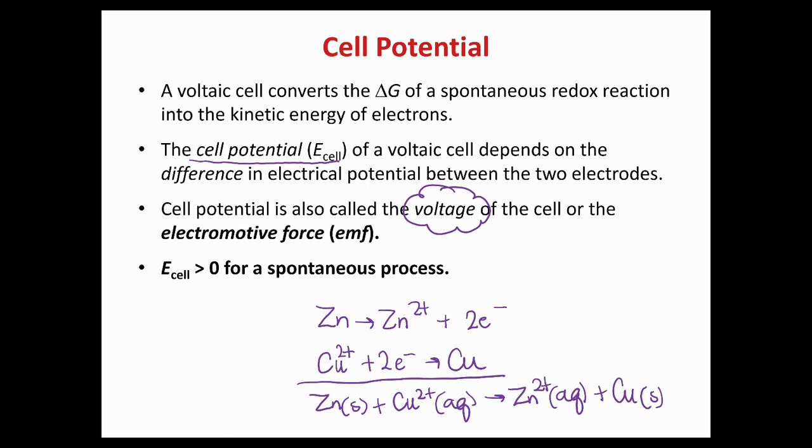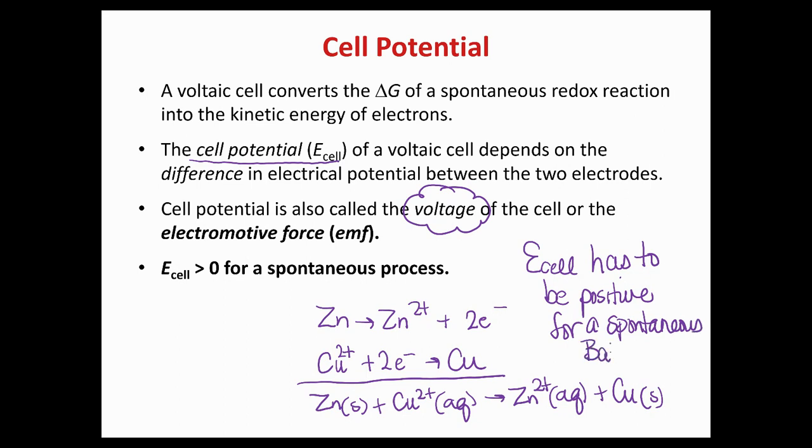If you're going to have a spontaneous process, the voltage of the cell has to be positive. So E of cell has to be positive, the voltage, for a spontaneous battery.